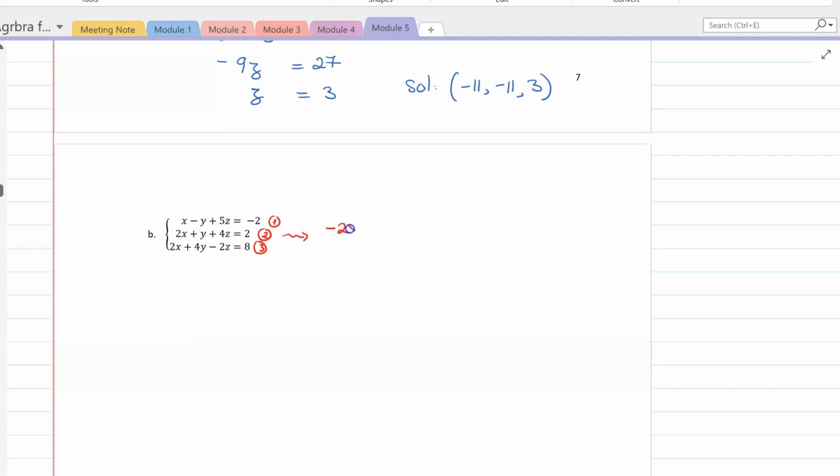So then negative 2x plus 2y minus 10z equals 4. So I multiply the first equation here by negative 2. And let's just put equations 2 and 3 next to each other. Let's mark these equations 1, 2, and 3.